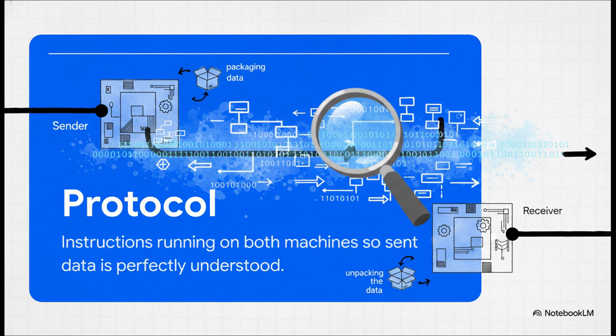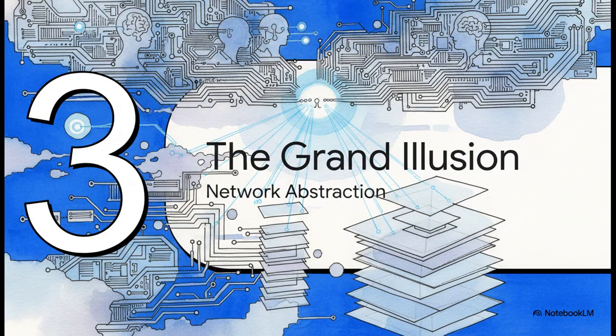And a protocol is just a specific set of instructions running on both the sender's machine and the receiver's machine. The sender follows these exact instructions when packaging up the data, and the receiver uses those exact same instructions to unpack it. It's only when a connection is combined with a proper protocol that the receiver can finally understand the message. Moving right along to Section 3, the grand illusion.